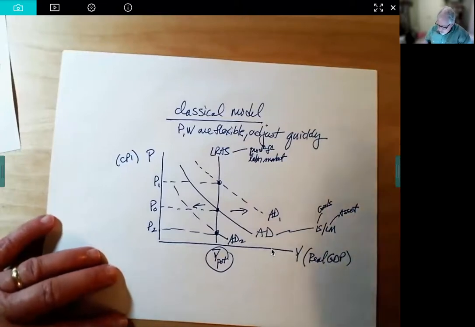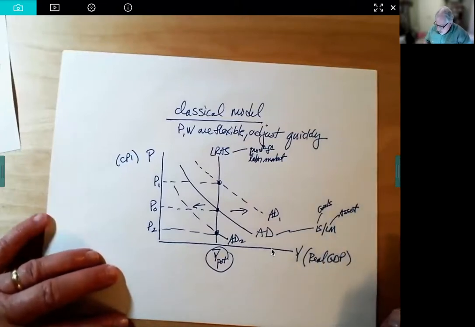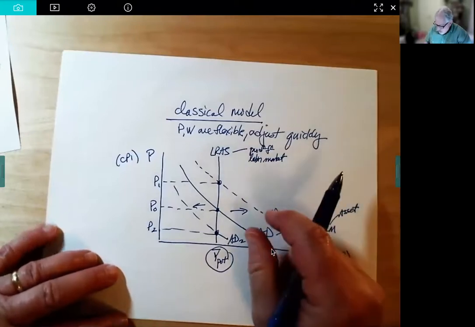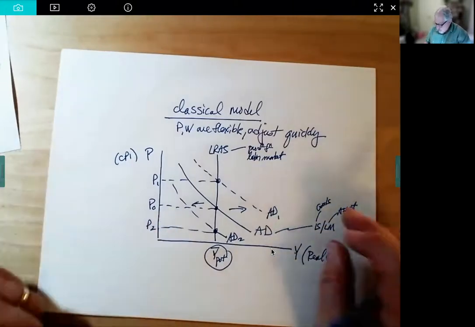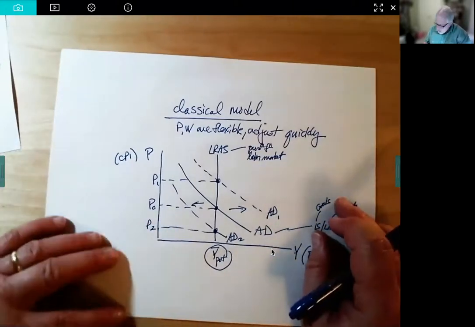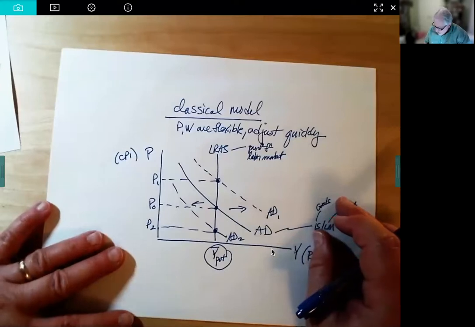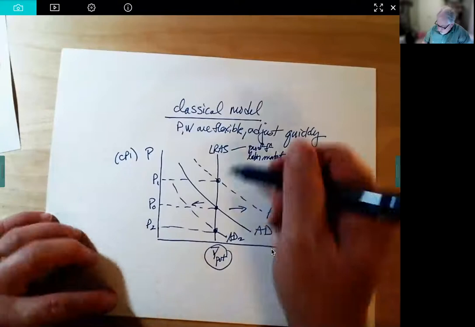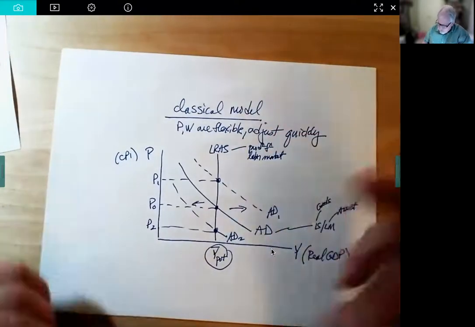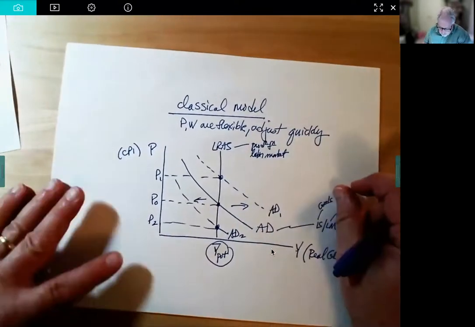In the labor market, if there is a change, then the nominal wage is going to change along with the price level, so the real wage doesn't change. There's no impact on labor demand or labor supply in the labor market. So there's no impact on output in the labor market.